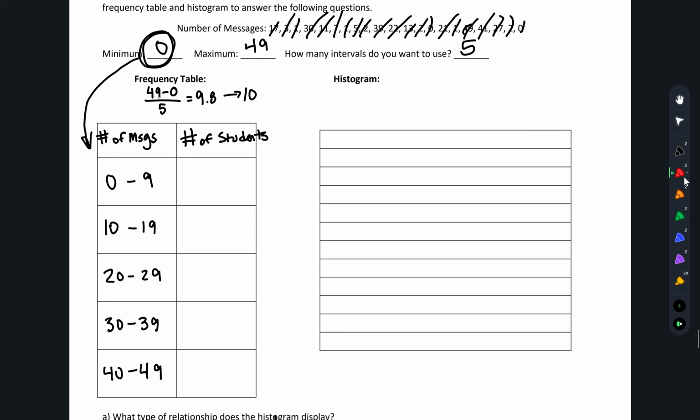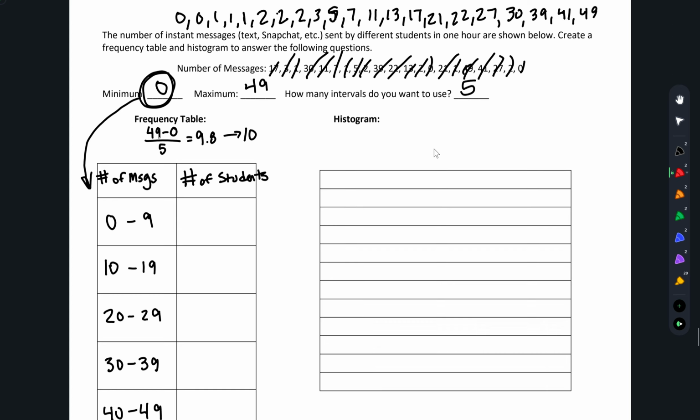Okay, and then to finish it off, we are then going to put our tally marks in. So I'm going to tally up everything between 0 and 9. 1, 2, 3, 4, 5, 6, 7, 8, 9, 10, 11. Everything between 10 and 19. 1, 2, 3.